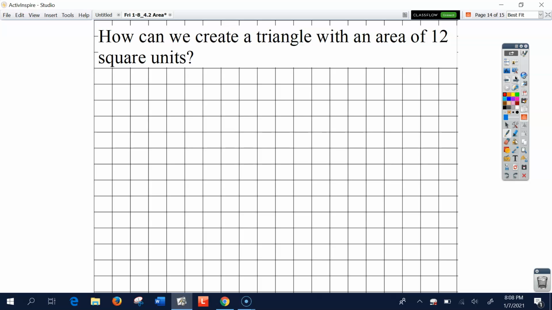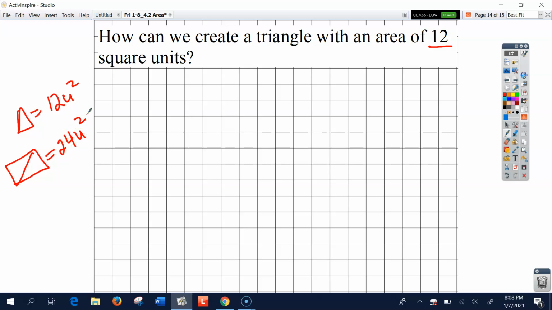So I want you to think about a triangle that has 12 square units, and I want you to think about the fact that a triangle is half of a rectangle, right? So if you have a triangle that has 12 units squared, the rectangle that you started with when you cut half of the triangle, maybe that means the rectangle has to be 24 units squared.